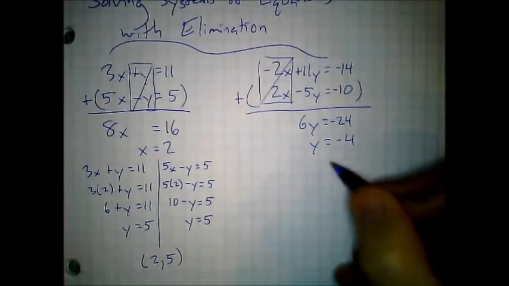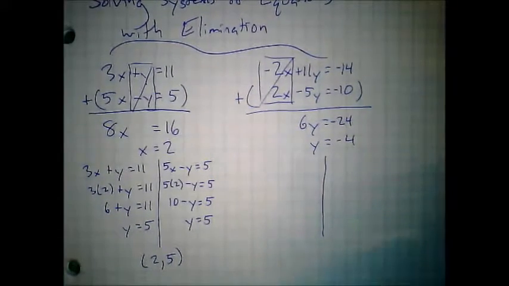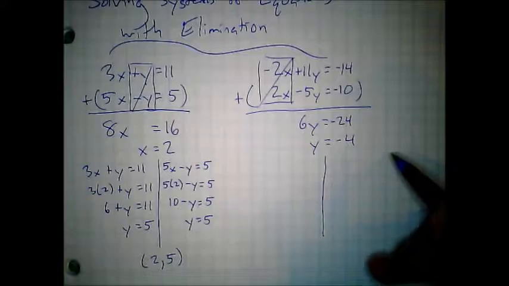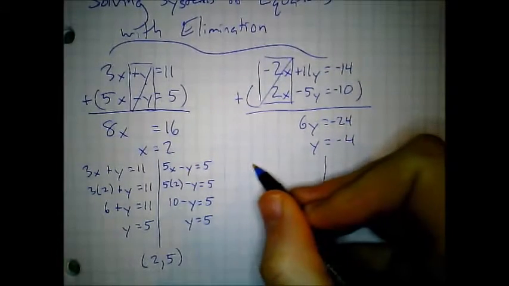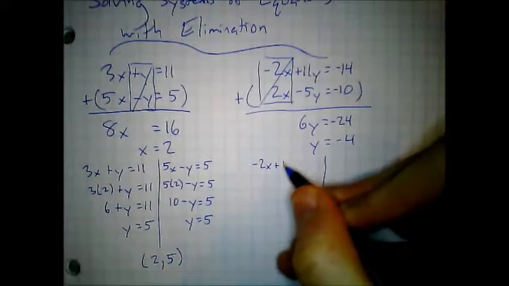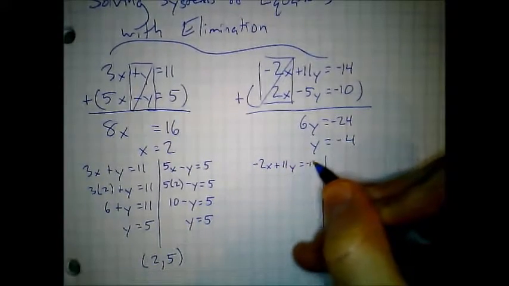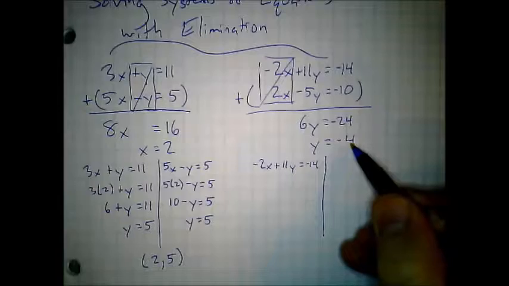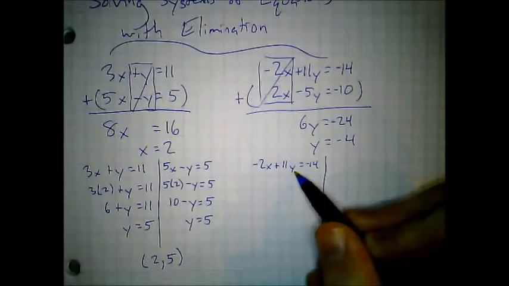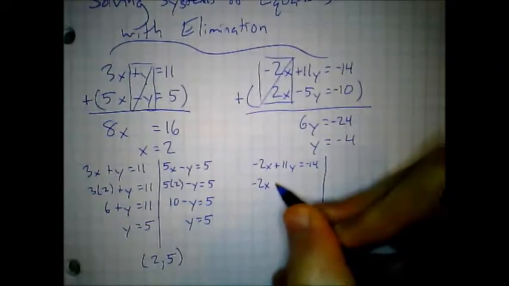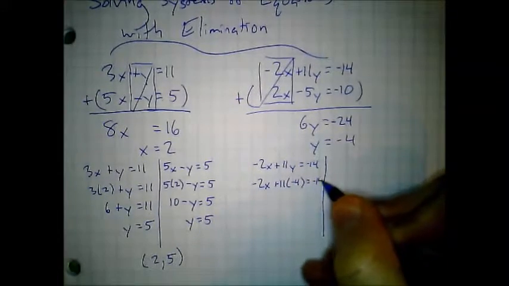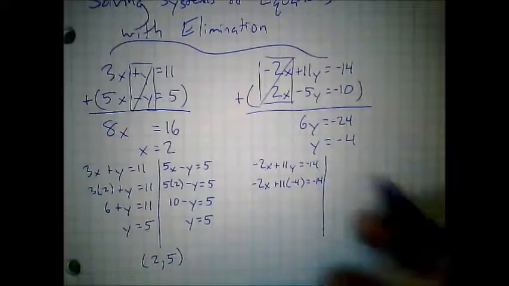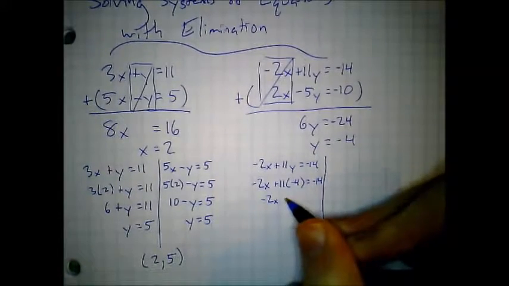So just like everything else, we got to figure out, well, what is our x in both of our equations? We know y equals negative 4, so we have to go back and find x. We do negative 2x plus 11y equals negative 14. We substitute negative 4 in for y, so we could find what x has to equal. 11 times negative 4 is negative 44.